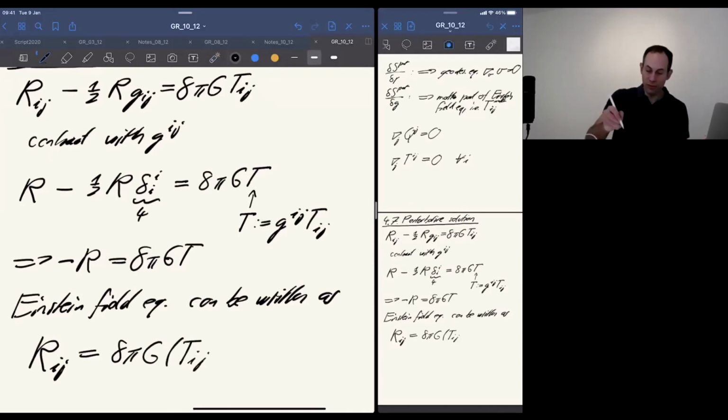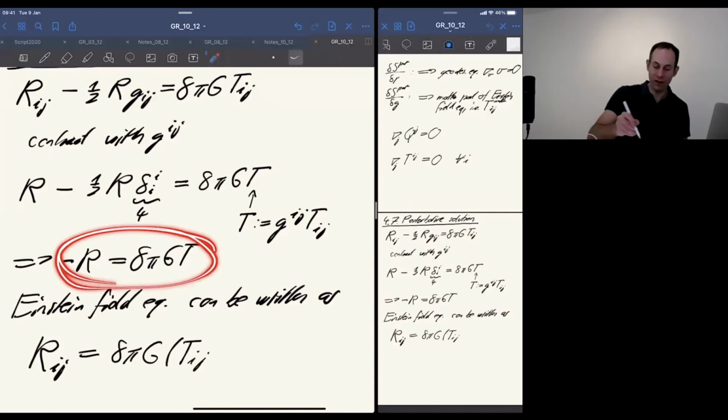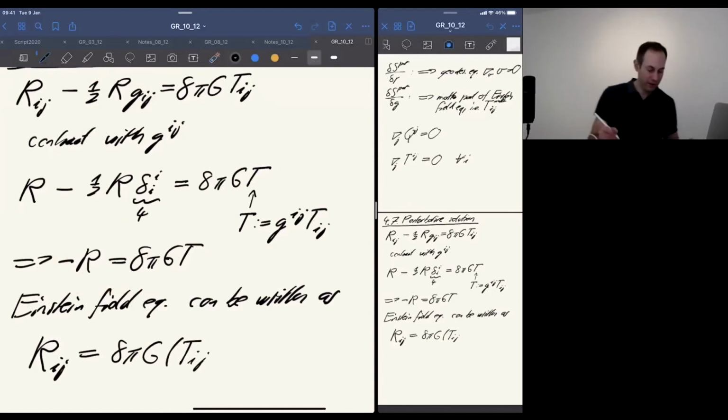But now I move this whole thing to the right-hand side. So I move it to the right-hand side and insert this: I replace R with 8πG T. There's still the 1/2. And so what I get is this.